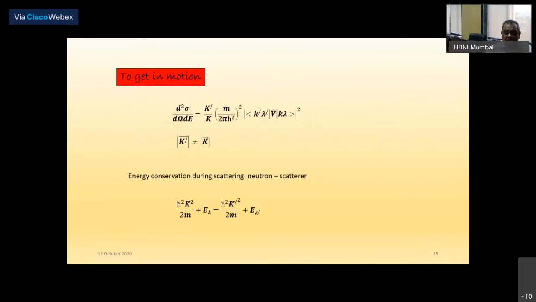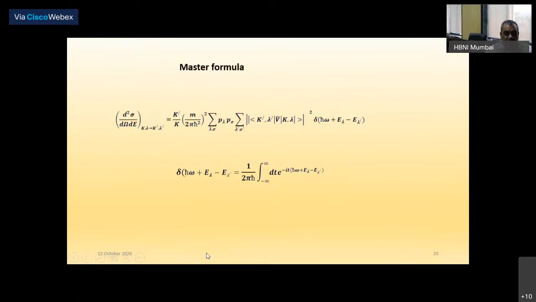I must say that the neutron plus system energy before scattering should be equal to neutron plus system after scattering. And I write a conservation. How to implement it, I'll just hint you. This I will try to do in the next lecture.